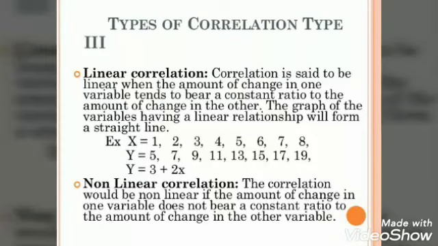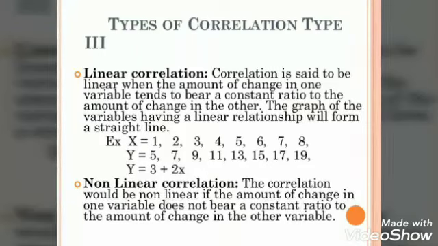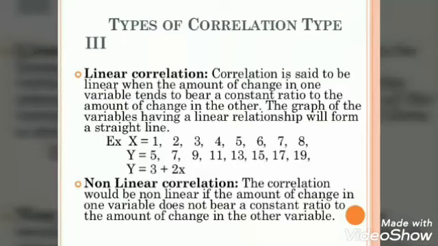But variable B, see, variable B is 3, 7, 12, 18, 25, 35, 45. So if you see, there is no specific relationship between the two variables, though both of them are changing in the same direction, that is, both are increasing but not in any constant proportion, right? So that is the difference between linear correlation and non-linear correlation.